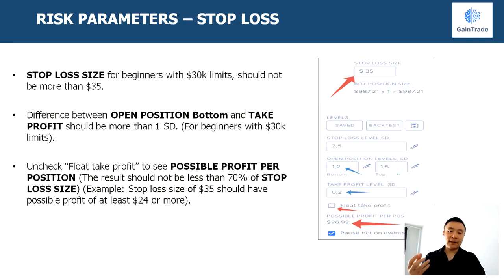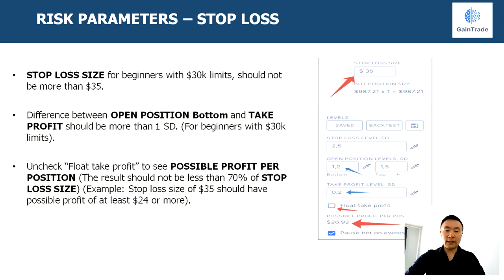In our case, this is 2.5 standard deviations. All stops and deviations are calculated in advance by our algorithm, focusing on the amount that you manage. In this particular case, it's $30,000, but you can also change all the average deviations manually.